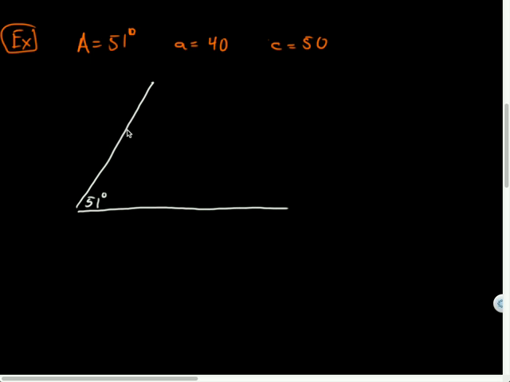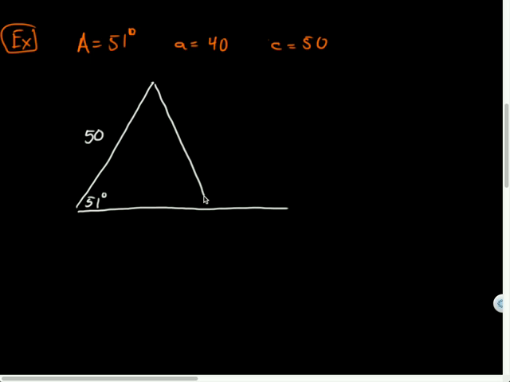What is my adjacent side? C is the adjacent side, and a is the opposite because little a is always opposite of big A. And notice that theoretically, if I find the height, I'll end up realizing that I have two cases here.